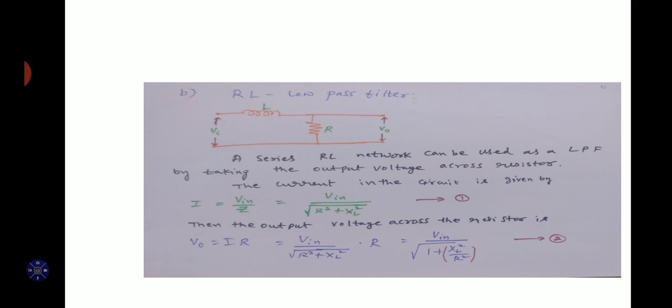Therefore, as the frequency is increased, the value of XL also increases, and hence the output voltage decreases. At very high frequencies, the value of XL is so large that the inductor acts as an open terminal. Hence, no voltage is dropped across the resistor, and hence the output voltage measured will be 0.